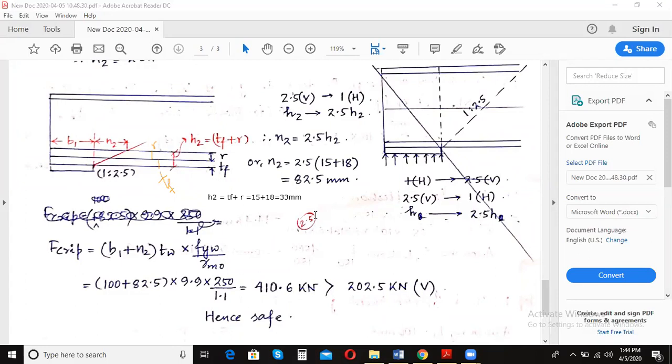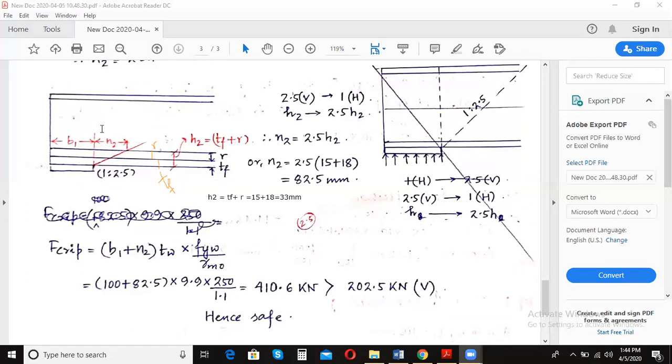So if you multiply the value of H2 with 2.5, you will get this horizontal length, right? So N2 is equal to 2.5 into H2, and 2.5 into 33 comes out as 82.5.